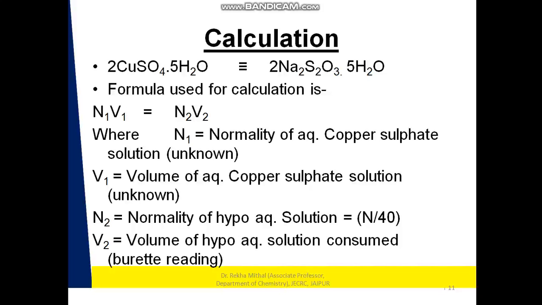V1 is the volume of aqueous copper sulfate solution. N2 is the normality of aqueous hypo solution, which is N by 40. And V2 is the volume of hypo solution consumed, that is the burette reading.